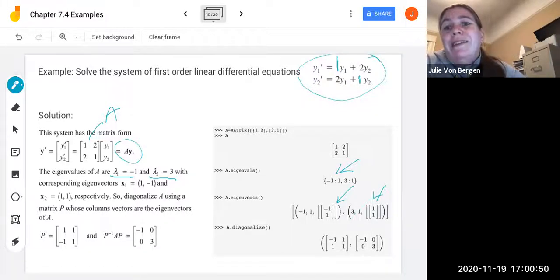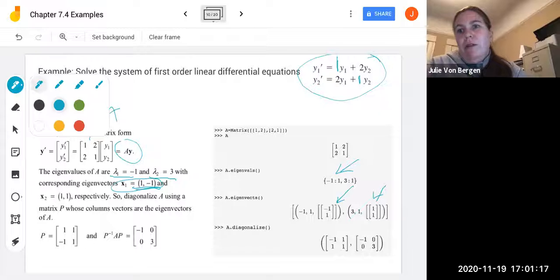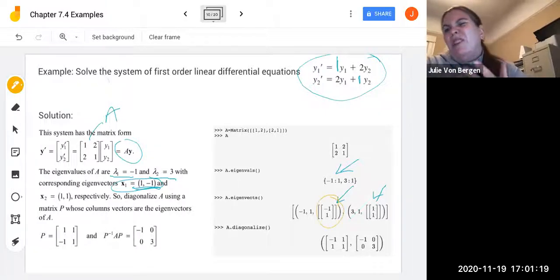So we diagonalize A using matrix P, which is just the matrix with the columns that are the eigenvectors. So it doesn't matter which values you pick first here. You can actually see here, because we can have scalar multiples for the eigenvectors, notice in my notes here, I've got 1, -1 for x1, but over here in SymPy, I've got -1, 1, because remember the eigenvectors can be scalar multiples.